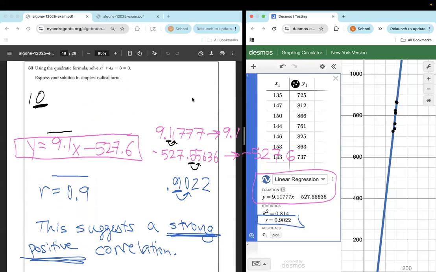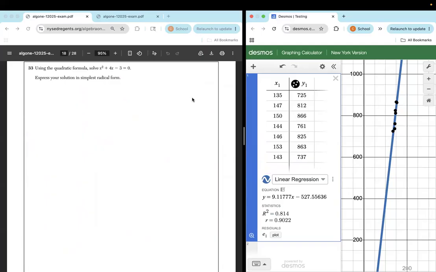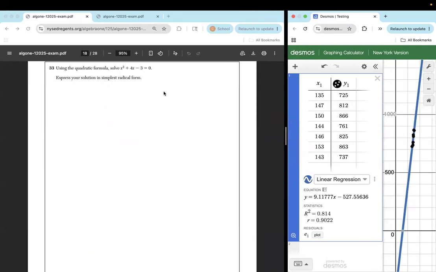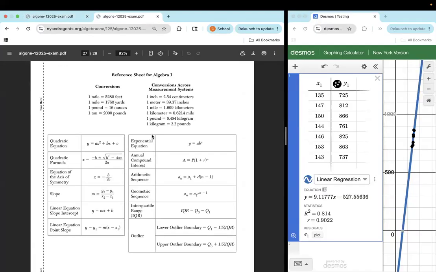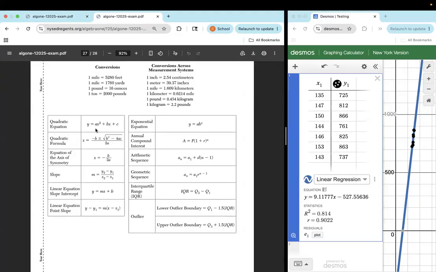Okay, number 33. For this problem, we need to use the quadratic formula to solve this equation and express the solution in simplest radical form. Quadratic formula is something that is in your reference sheet, as well as the quadratic equation. So if you forget A, B, and C, they're there too.